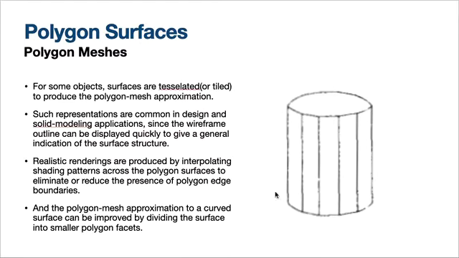This object has a curved area, and if you divide it into some more strips or more polygon facets, then it will be a more accurate curved area. That way polygon meshes are used to display objects.